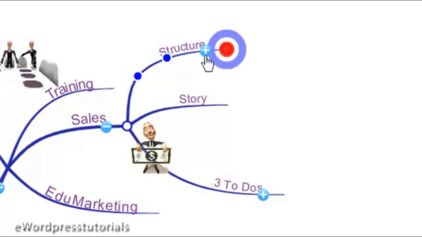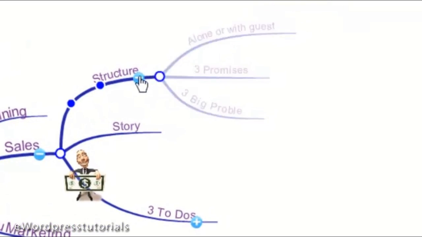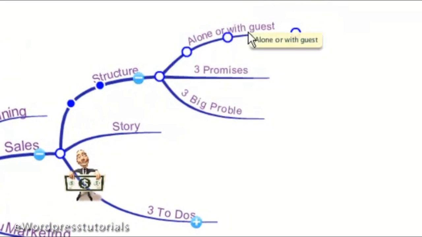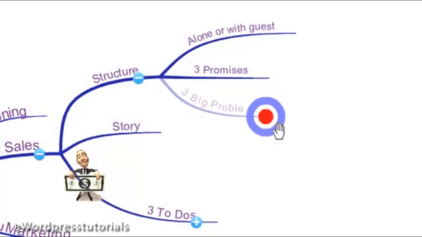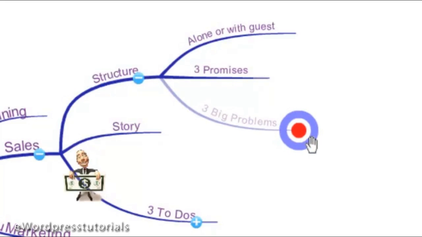And let's talk about structure first. Whether you're doing the seminar alone or with a guest or the webinar, you want to work with three promises. Webinars work really, really well when you work in threes. Make three promises and find three big problems that your customers or clients have.